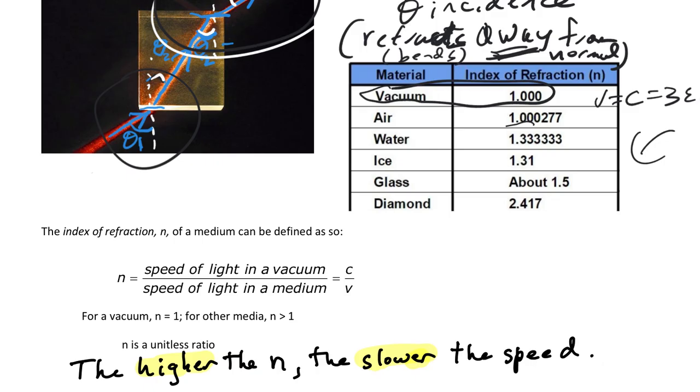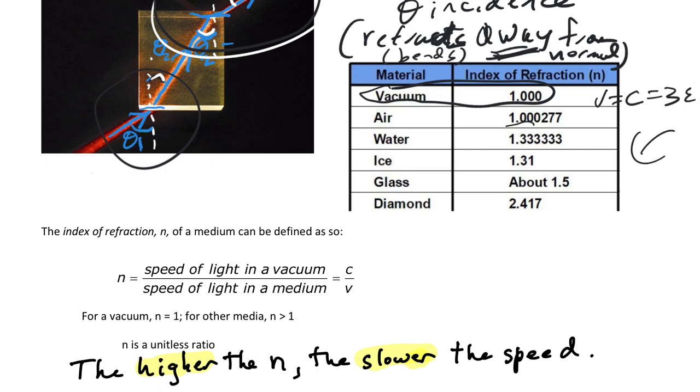Anyway, let's talk about how we can quantify how much a material will slow down light and bend it, because the more it slows it down, the more it bends it towards the normal.